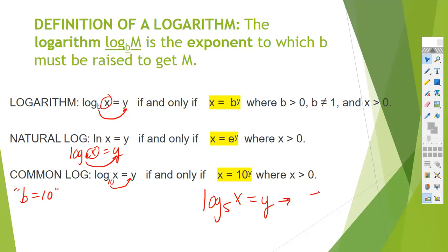As an exponential, this becomes 5 to the y equals x. The base of the log, carried to the output, equals your argument. We did it in December. Remember I said I'm going to bring back December? Yes, the base of your log is the base of your exponent.